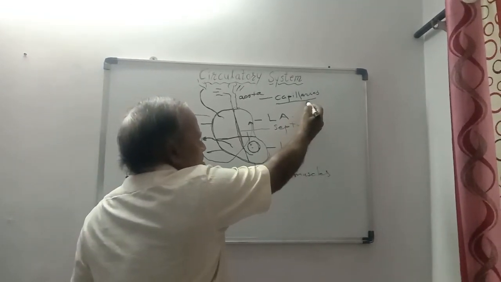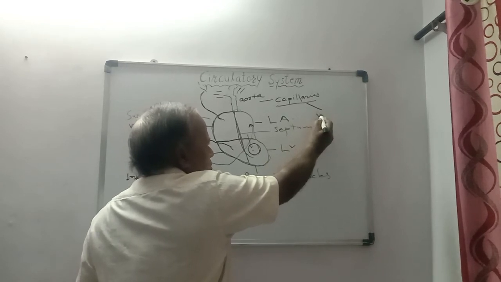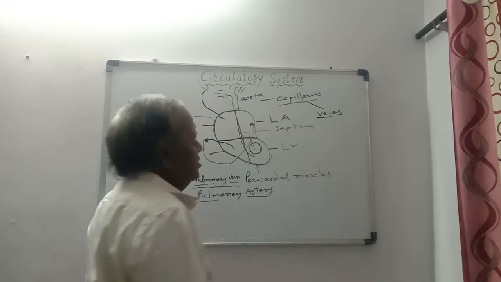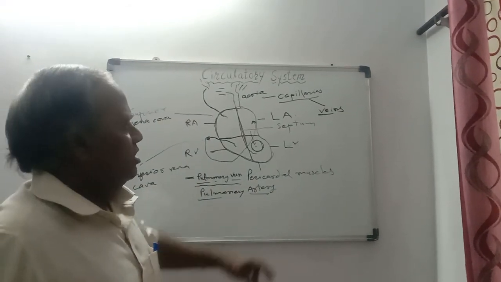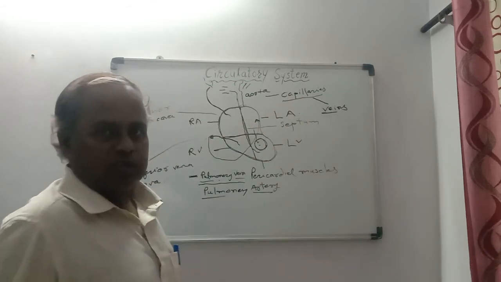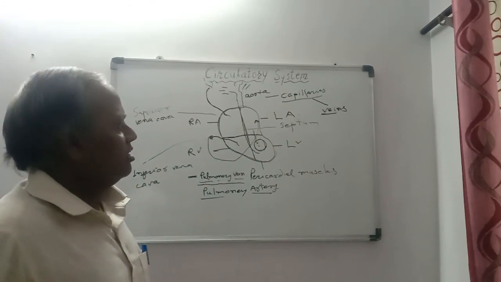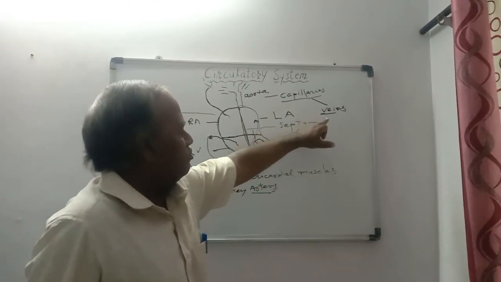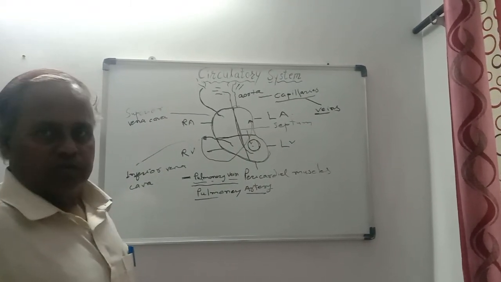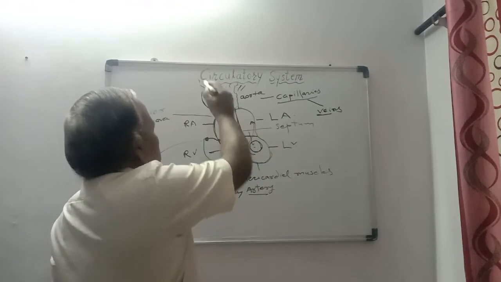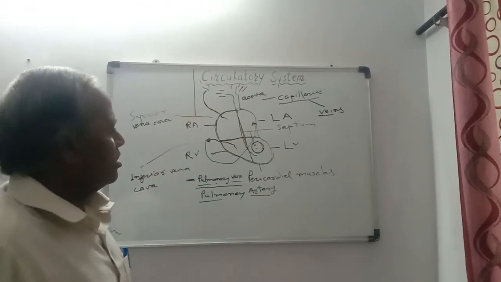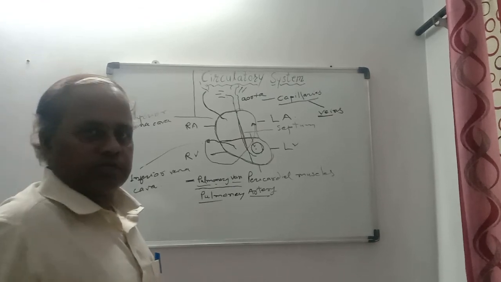From the capillaries also start the veins. And the veins collect waste material and carbon dioxide and bring this material back to the heart for oxygenation. Okay, such is our circulatory system.